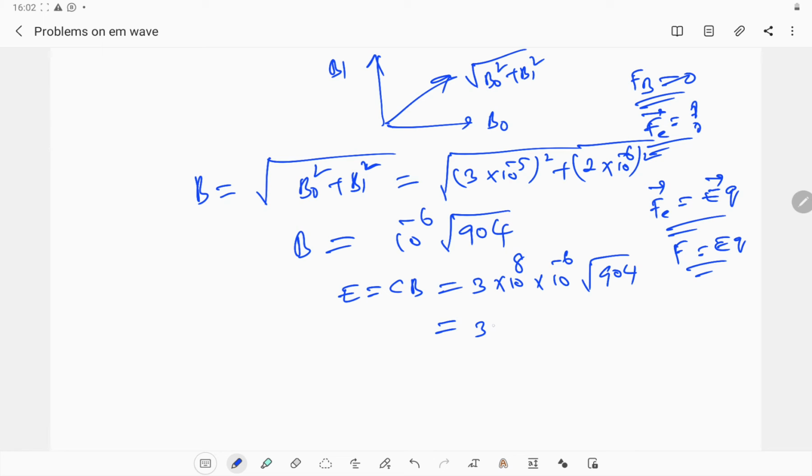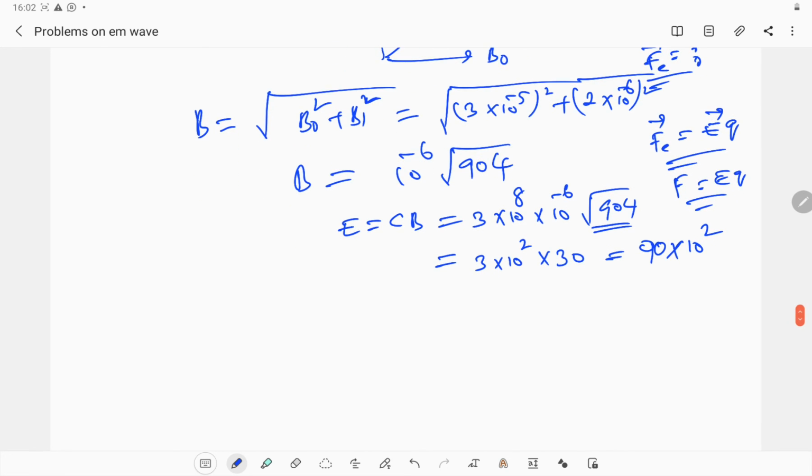This becomes 3 into 10 square and 904 approximately 900, which becomes 30. And this becomes 90 into 10 square. This is E.